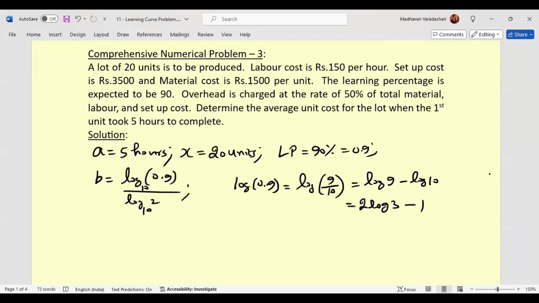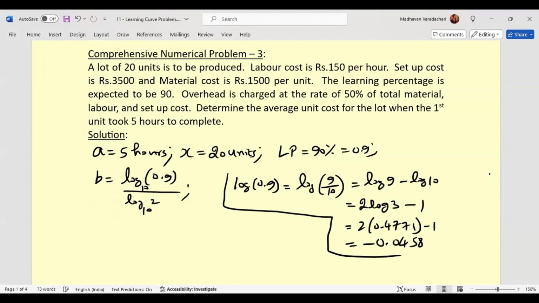And log 3, we know it is 0.4771, minus 1. So this we will get negative 0.0458. So therefore, this is about log 0.9.